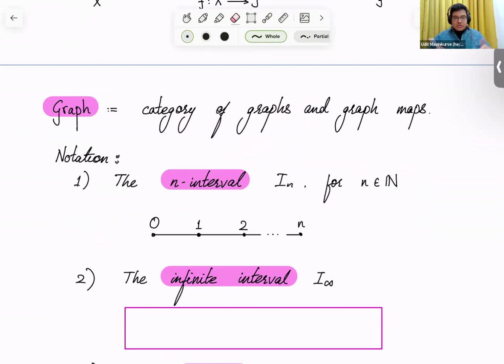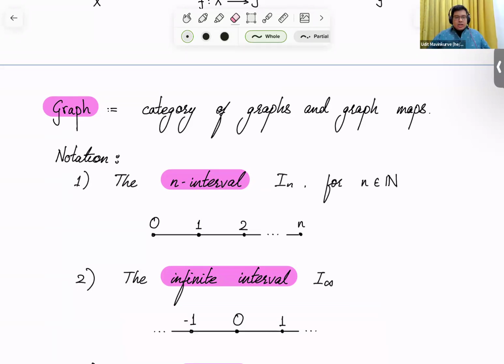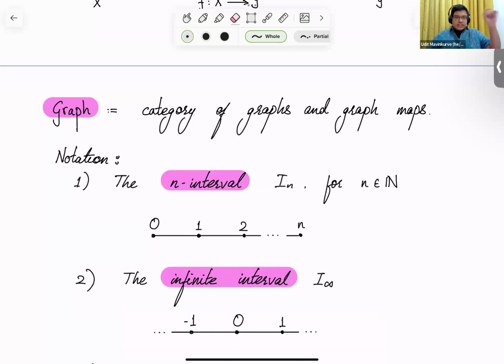These are your analogs of your unit interval 0, 1. So it's compact. And then you also have the infinite interval I infinity, in which you have a vertex for each integer on the real line, and then you have an edge between consecutive integers. So this is the discrete version of the real line. We're just modeling what we're familiar with.